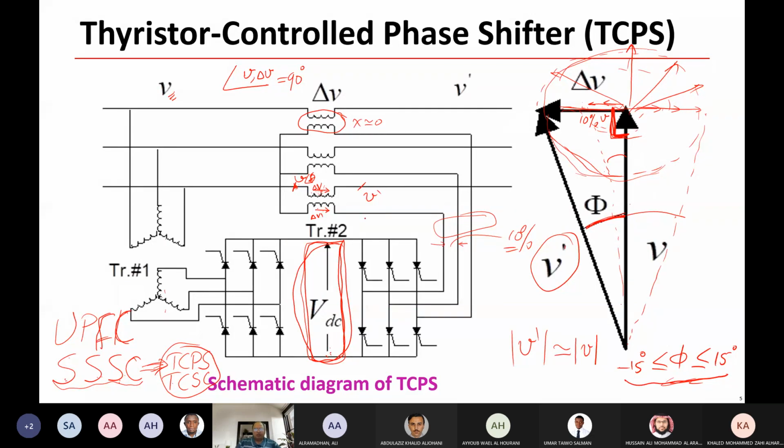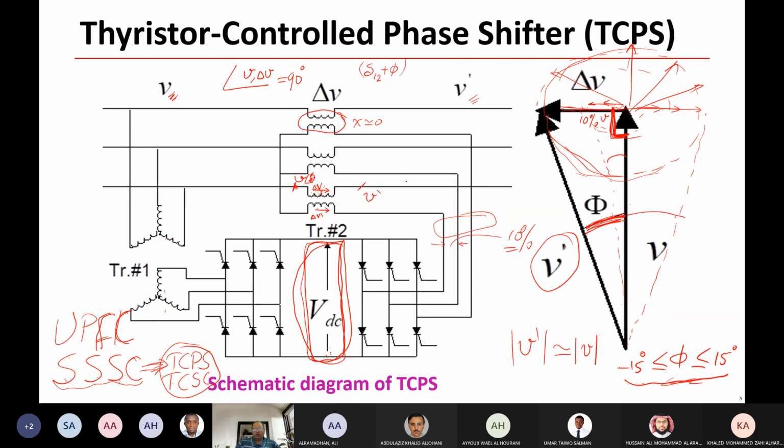So the major function of this is to play with the angle here, phi. So we introduce a phase shift between V and V prime. So it is not now delta 1, 2, but delta 1, 2 plus phi, and this phi could be positive or negative. So this is what we have now.